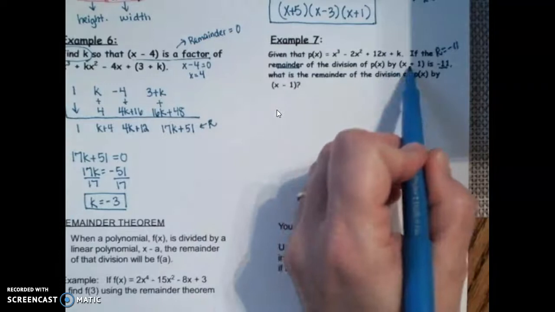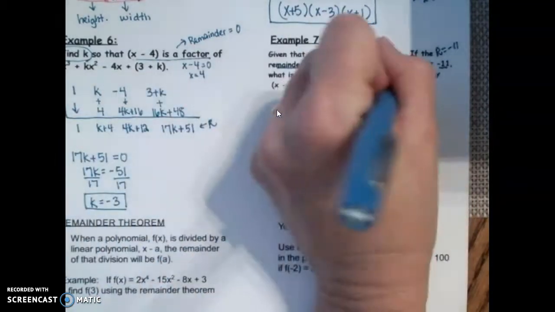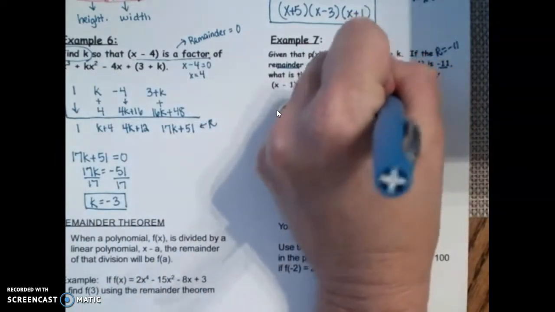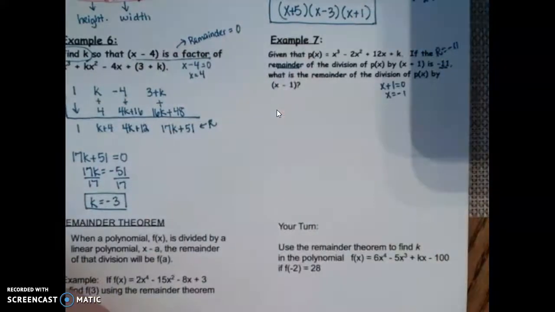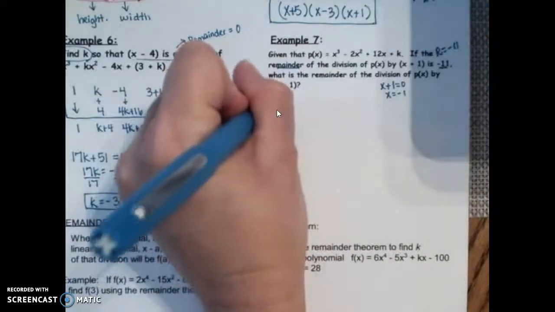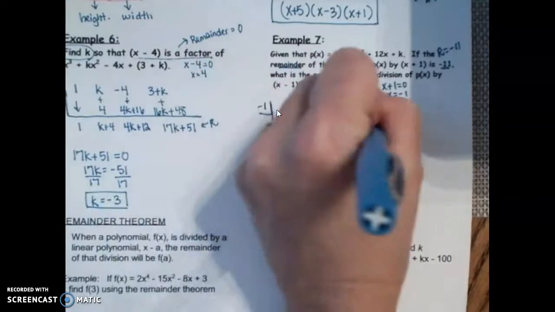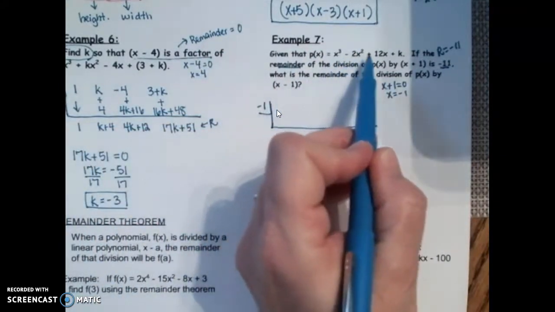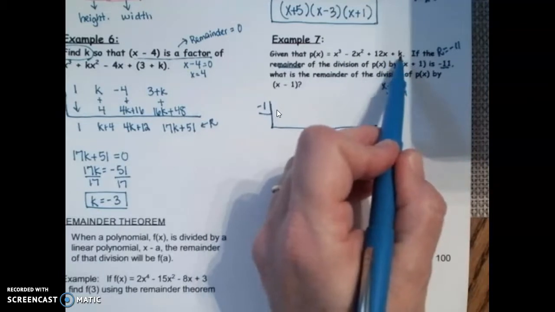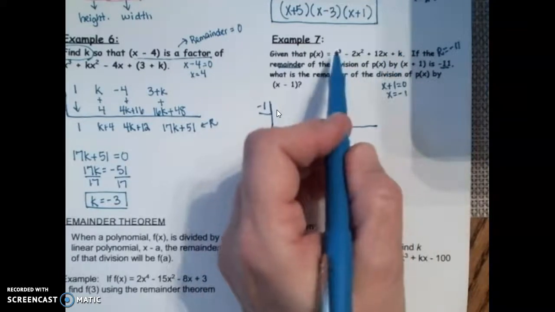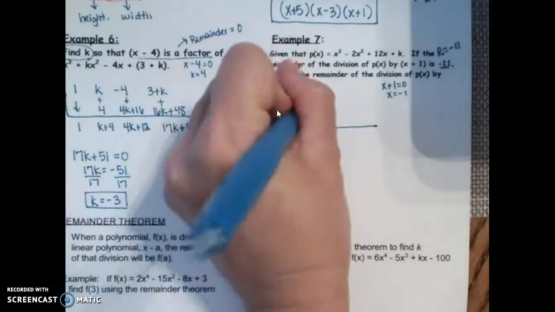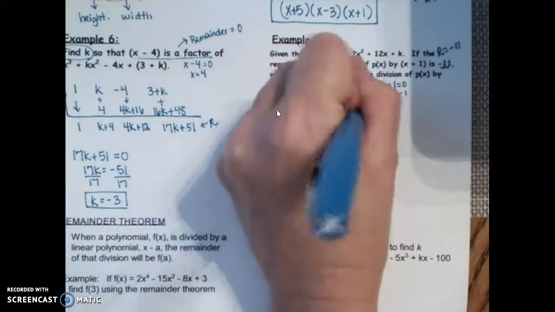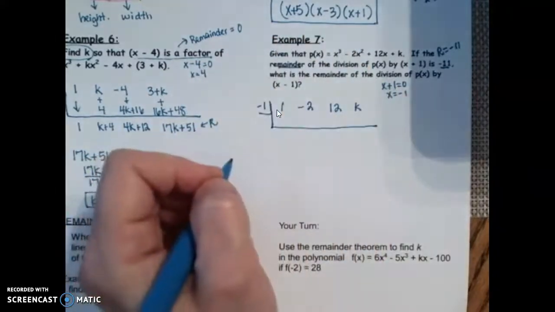So if my factor was x plus 1, we're going to put x equals -1 into our little box. So -1. Look for placeholders, x to the third, x squared, x, and we have this constant that's represented by k. So we're going to put 1, -2, 12, and then k.